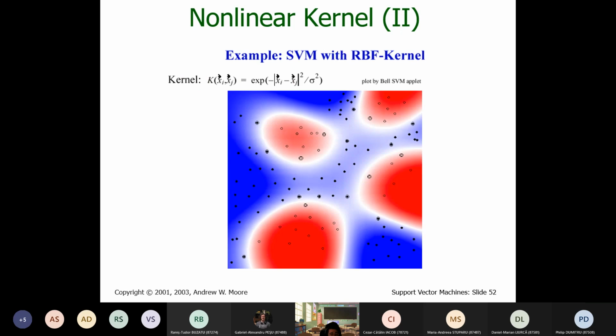This is how a kernel that is radial or Gaussian will look. So this is the kernel that is used, and again we have a couple of support vectors for each class.